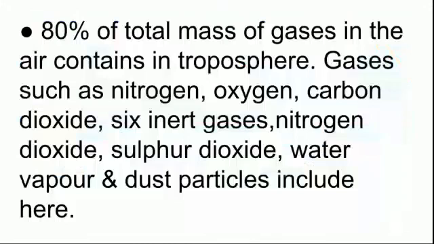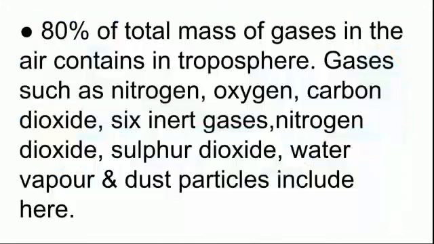Near about 80% of the total mass of gases in the air is contained in the troposphere, while this proportion is about 19% in the stratosphere. Further, in the mesosphere and ionosphere, the proportion of mass of gases goes on decreasing.